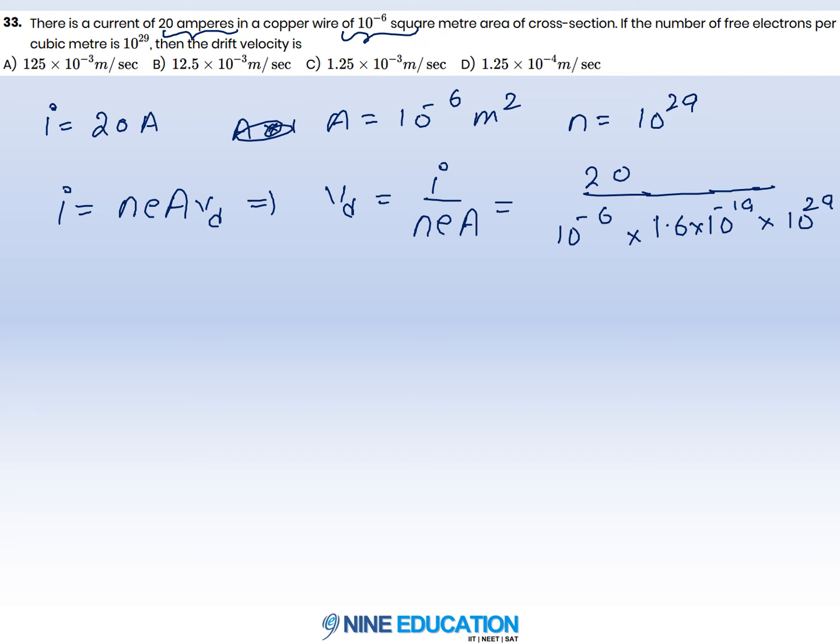So from here, on calculating it, you will get Vd equals 1.25 into 10 power minus 3 meter per second. So which option is correct? Option C is correct. All right.